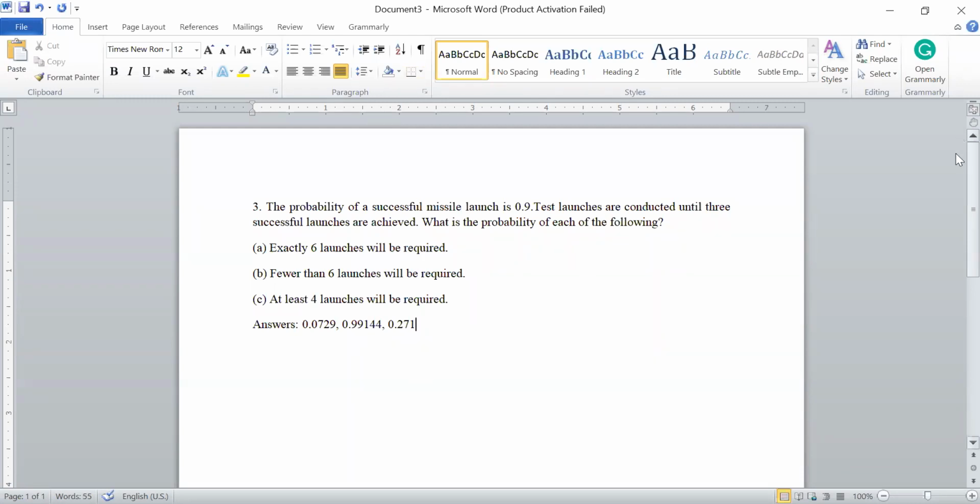Okay. So that is the end of the negative binomial distribution. So far under discrete distributions, we discussed 5 distributions: discrete uniform distribution, the Bernoulli distribution, binomial, geometric distribution, and negative binomial.